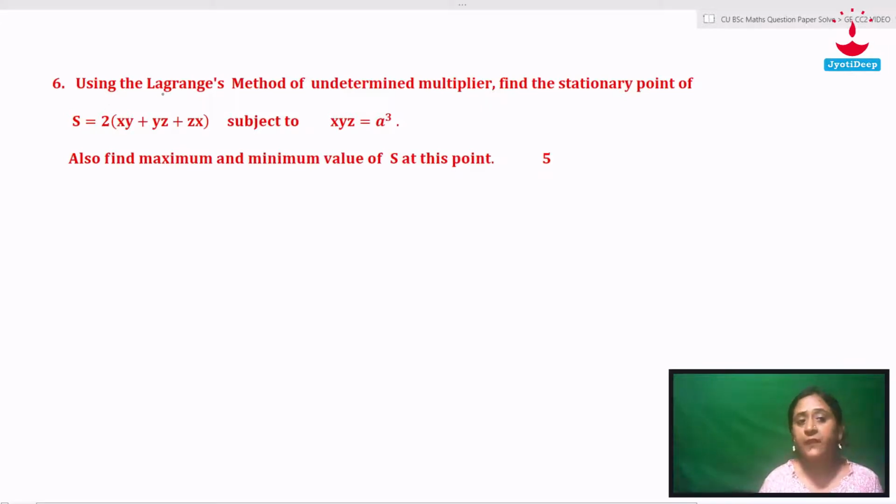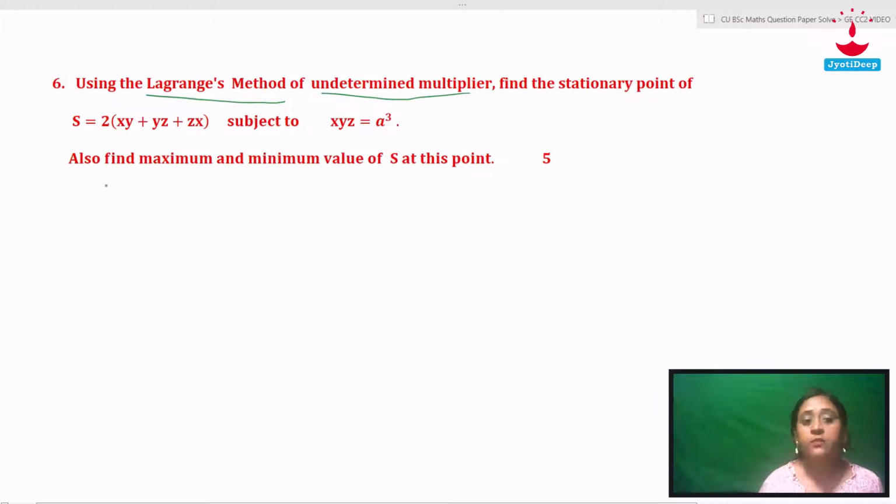We have to apply Lagrange method of undetermined multiplier, and we have to find the stationary point of S. Okay, so what is a stationary point? The stationary point means we have to find maxima, minima, or point of inflection if there is any.